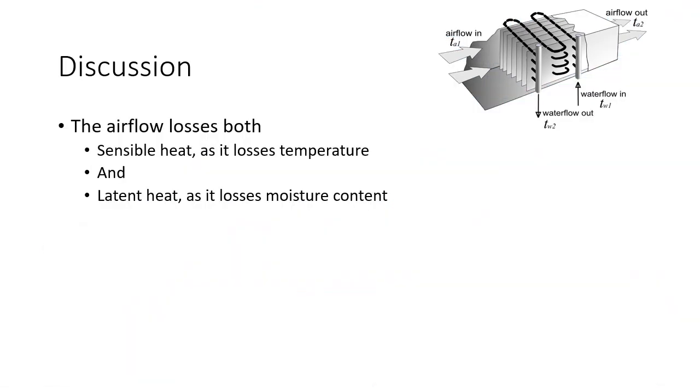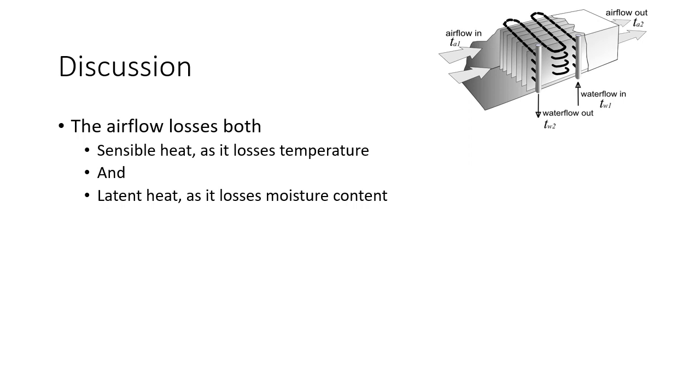Right, now let's discuss this phenomenon because this is very new. We covered the sensible heat and latent heat. We also covered the enthalpy. Now let's look closer. The air lost both sensible heat and latent heat. Sensible heat is lost as temperature drops. So TAO, which is 28 degrees, going over here becomes 14.2.